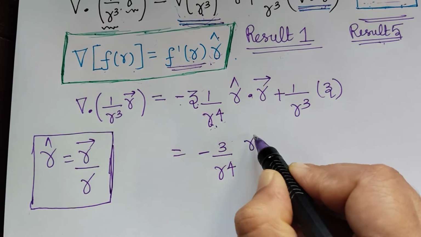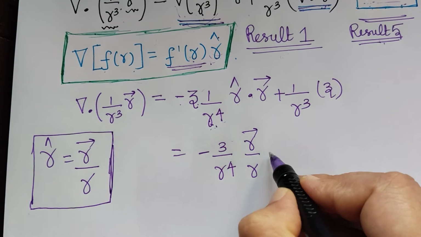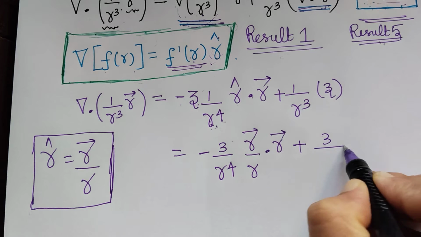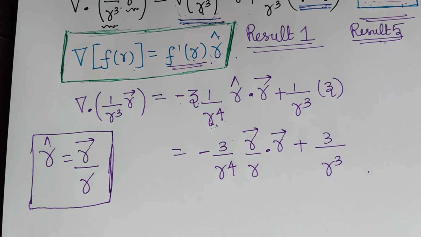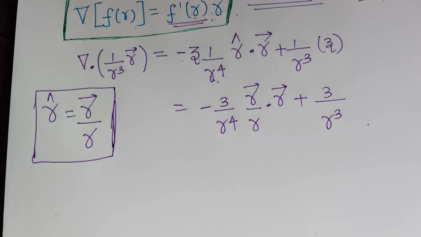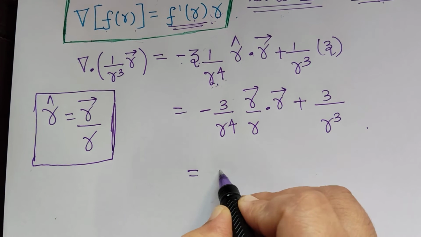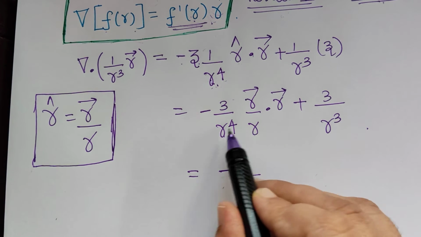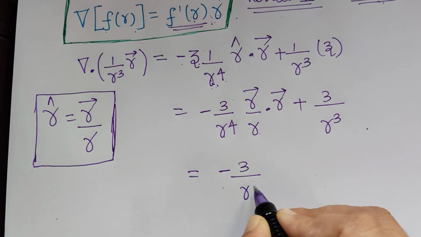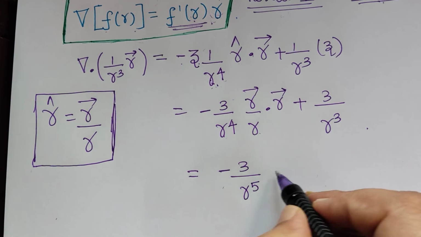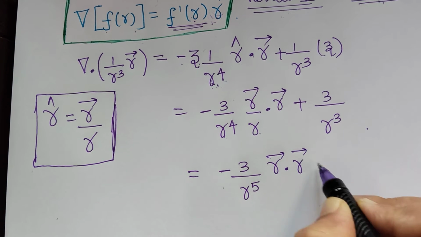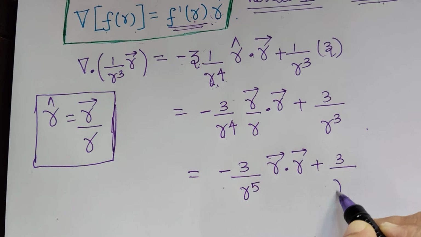So r vector divided by r dot product with r vector plus 3 by r cube. Further, this will be equal to minus 3 by, now what is r power 4 into r? When multiplied, it becomes r to the power 5. And then r vector dot r vector, plus 3 by r cube.